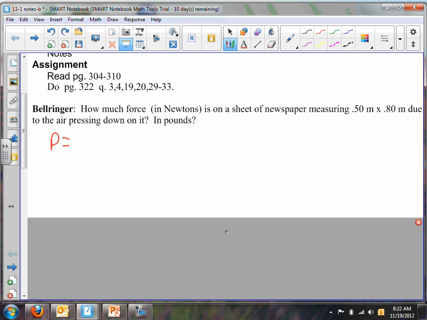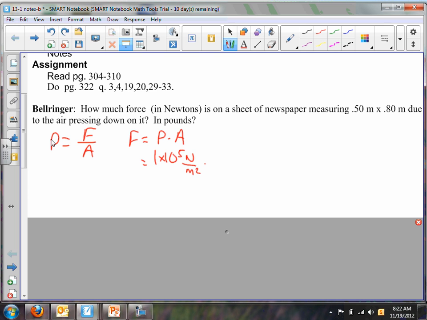We know that pressure is force over area. In this case, I want to figure out how much force is on a sheet of paper. So force is pressure times area. Well, we said that pressure due to air is about 1 times 10 to the 5th newtons per square meter.